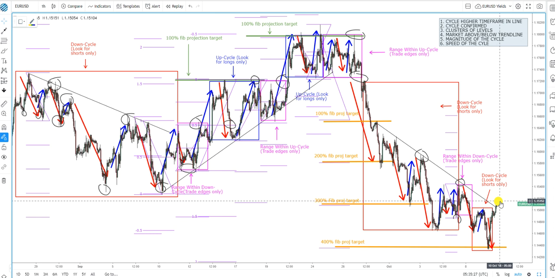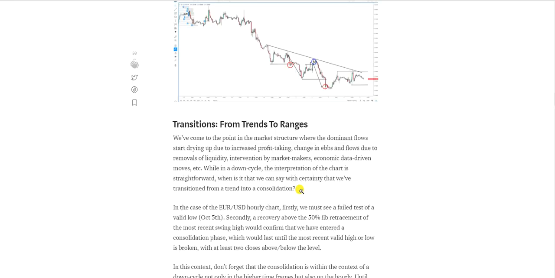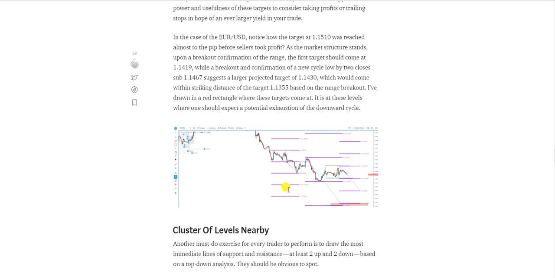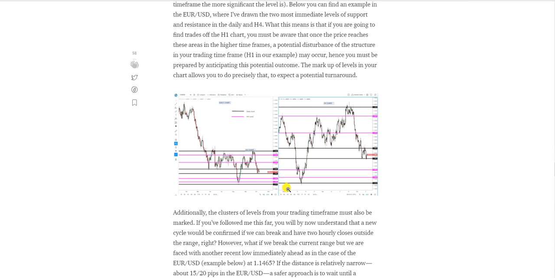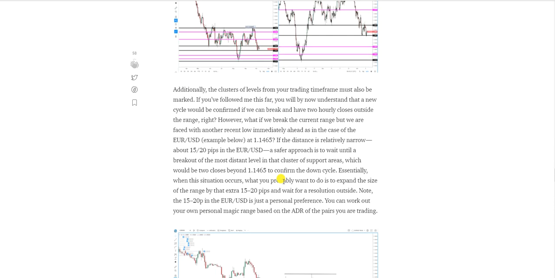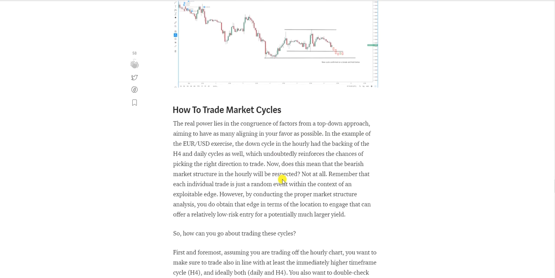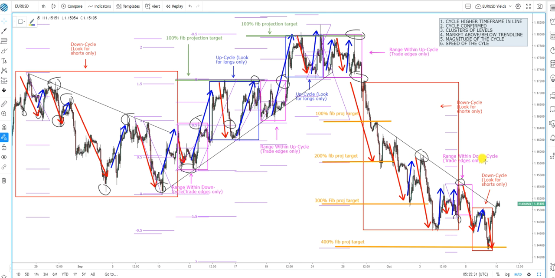Okay, now when it comes to the actual entry trigger, something that I go through in this theoretical explanation of the exercise, which also includes some great examples in each single section, I also go through how you can trade these market cycles. Okay, now there are thousands of ways you can approach the markets when it comes to finding your entry trigger. It could be based on trend lines, price formations, price action, set or buy limit orders, you name it.